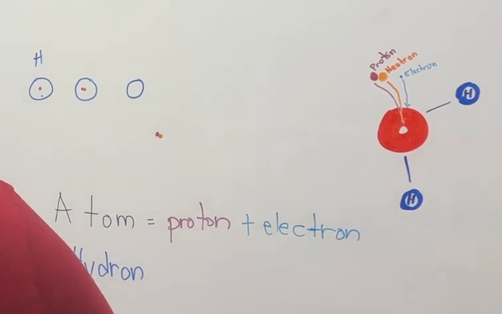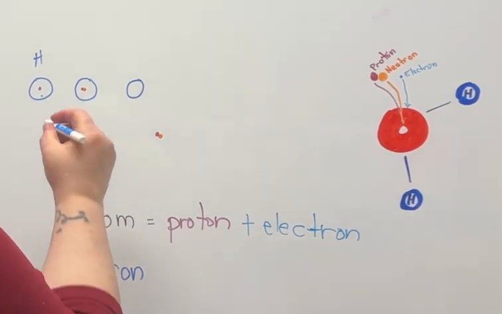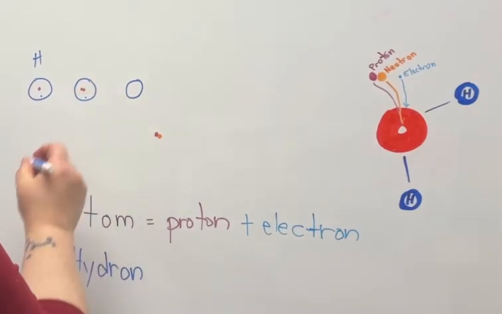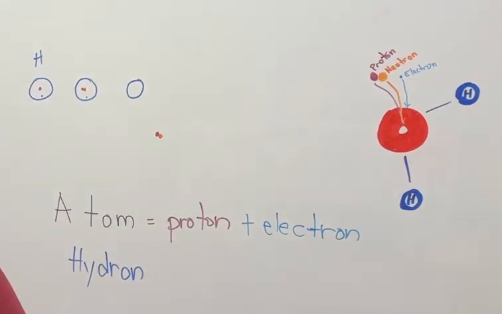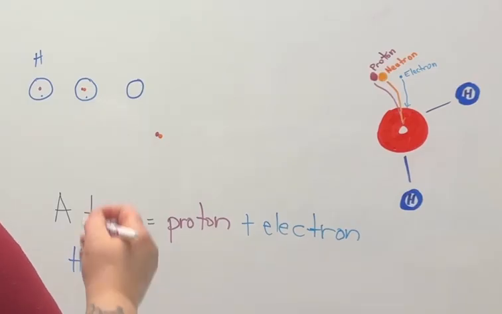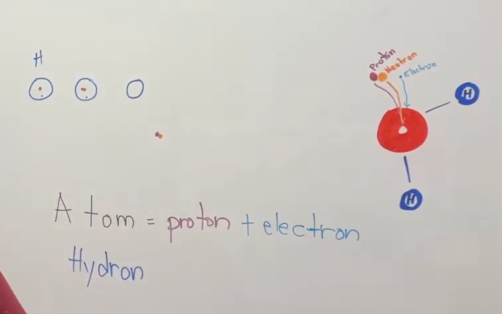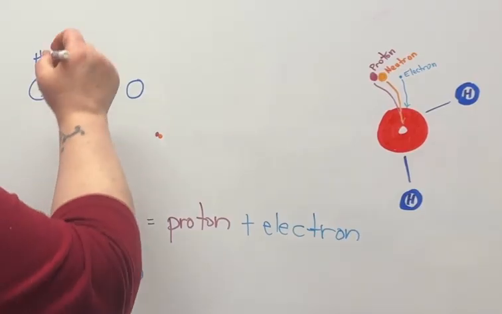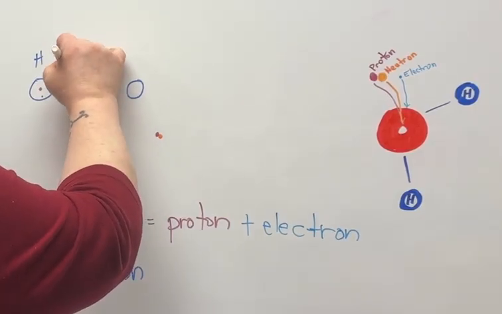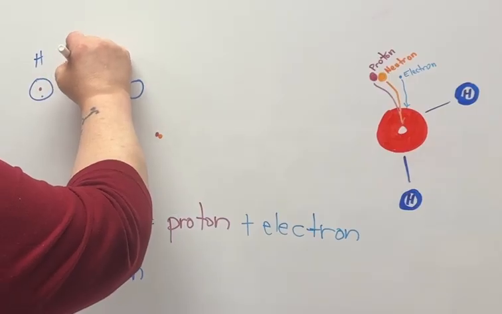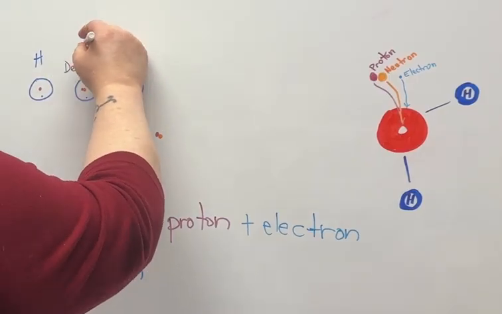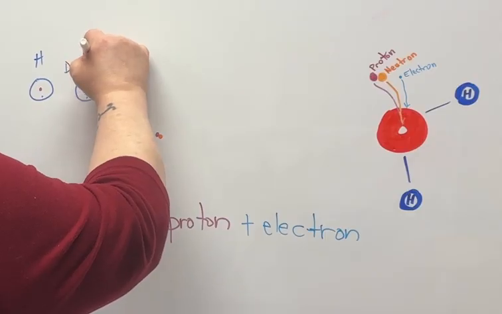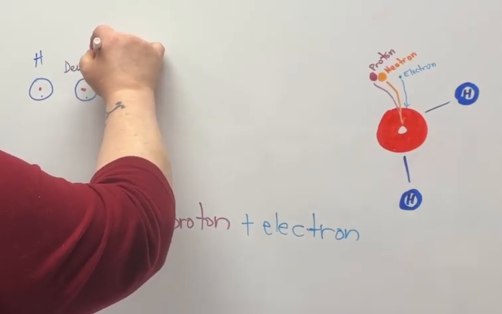Then you have still an electron, only one, floating around. It's still hydrogen, but it has a new name because it's an isotope. So now it's called deuterium. Sorry, I keep forgetting the other E. Deuterium.